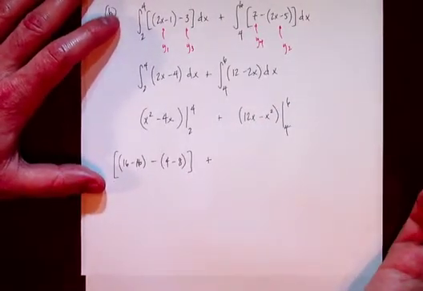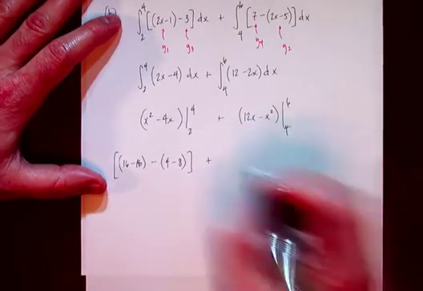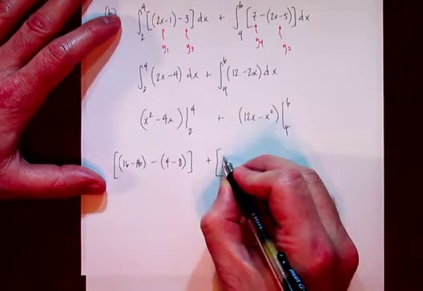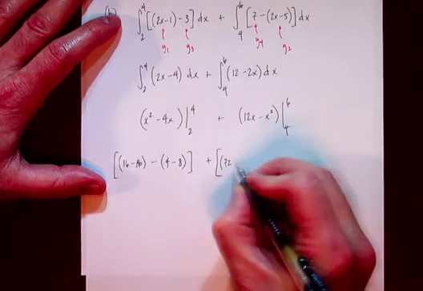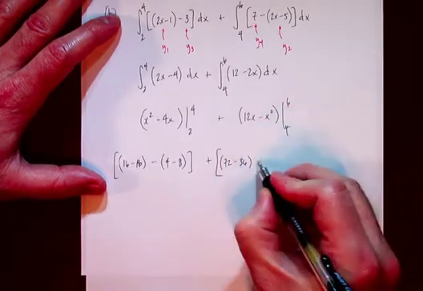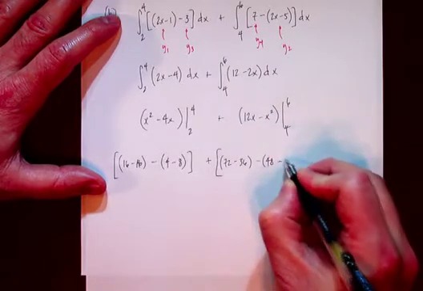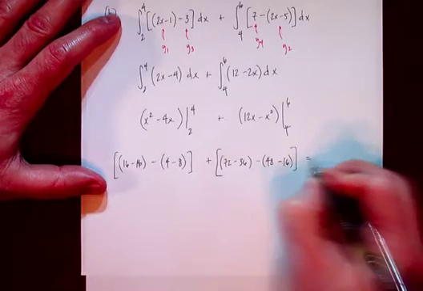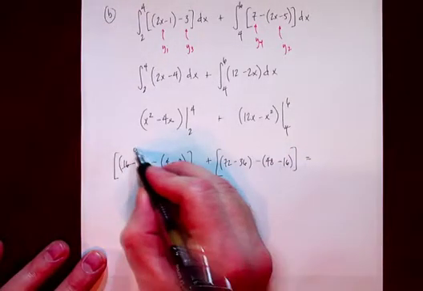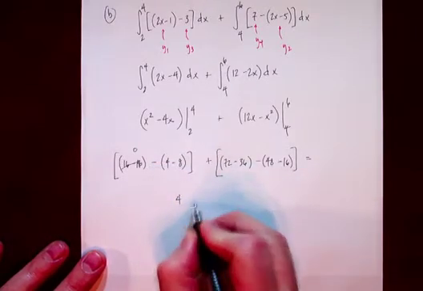When I plug in 6, I'm going to get 12 times 6, or 72, and then 6 squared is going to be 36. And then when I plug in 4 right here, 4 times 12 is 48, and that's minus 16. And so this right here is going to be 0. This is negative 4. Negative negative 4 is positive 4, right?